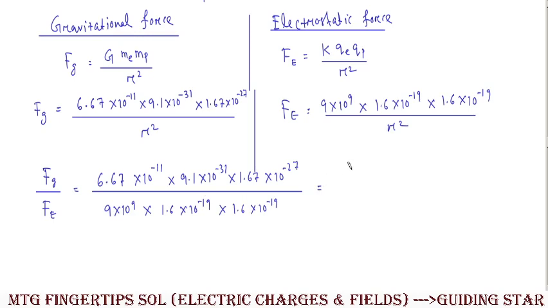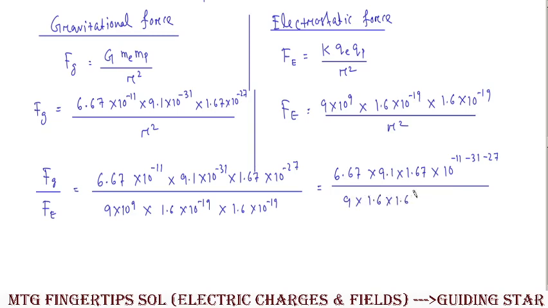Clear? So how will we do the calculation? 6.67 into 9.1 into 1.67, whole into 10 to the power minus 11 minus 31 minus 27, whole divided by 9 into 1.6 into 1.6, into 10 to the power minus 19 minus 19.